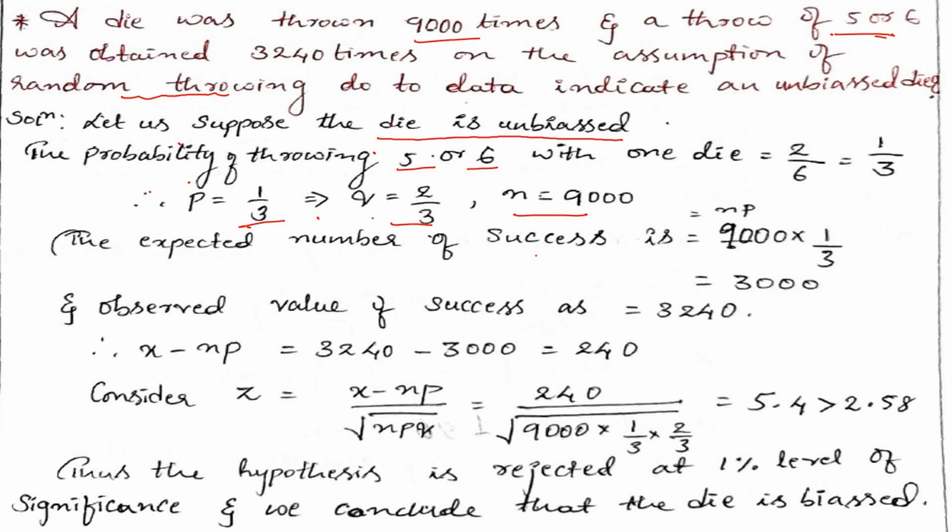Then the expected number of successes, NP, is 9000 into 1 by 3, which gives 3000. This is the expected value.